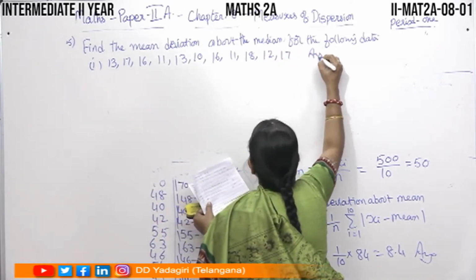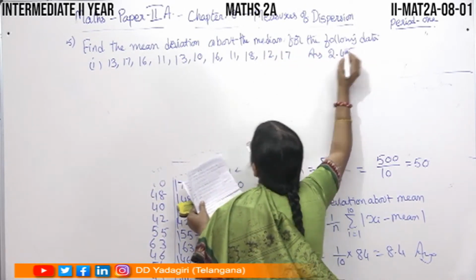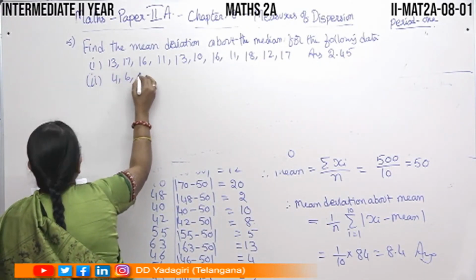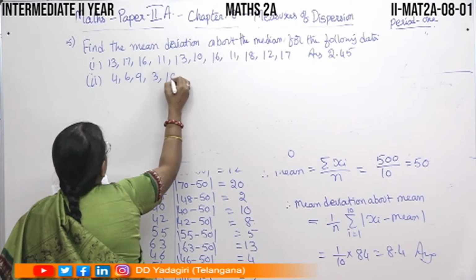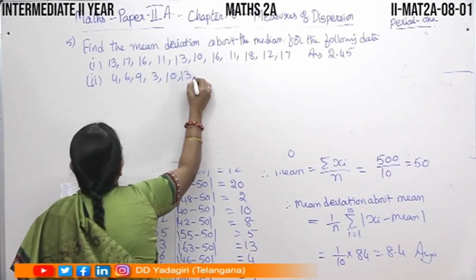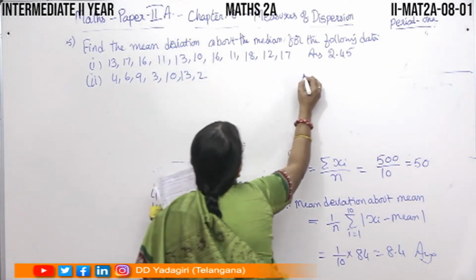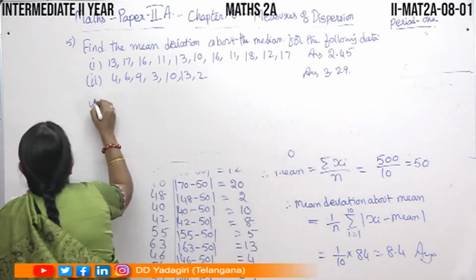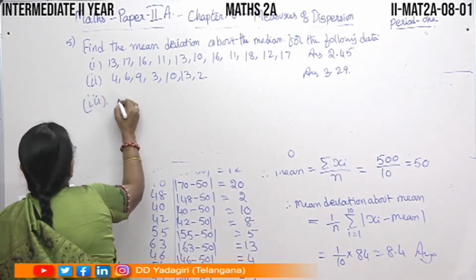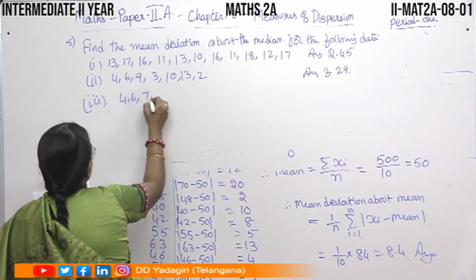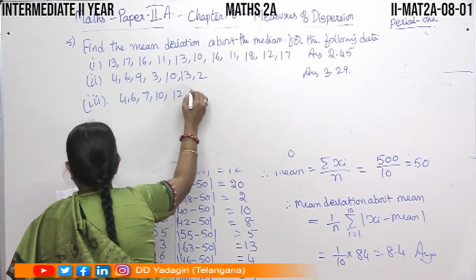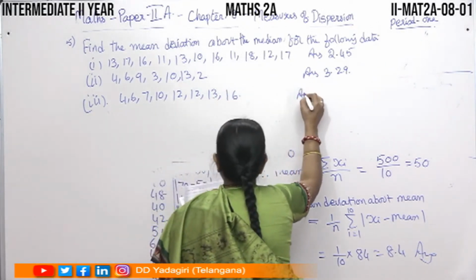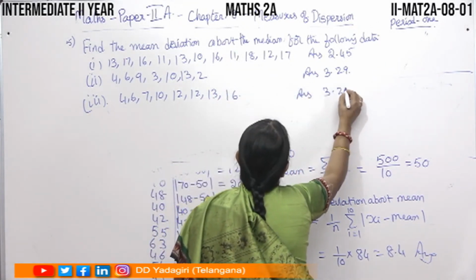For this the answer is 2.45. Now next is 4, 6, 9, 3, 10, 13, 2. For this the answer is 3.29. Okay, next problem: 4, 6, 7, 10, 12, 12, 13, 16. For this the answer is 3.25.